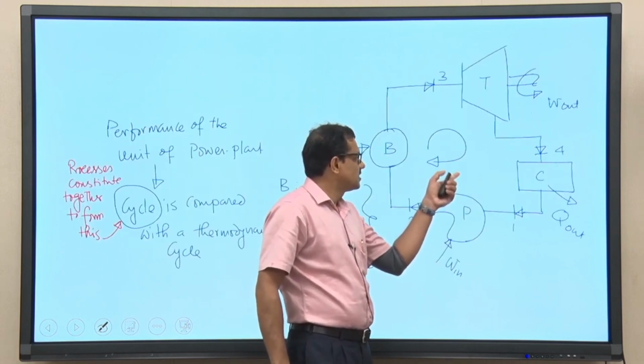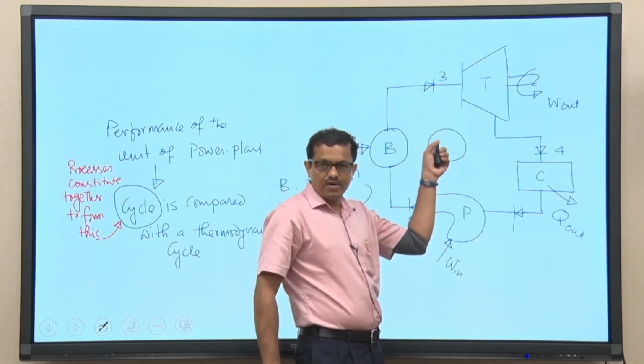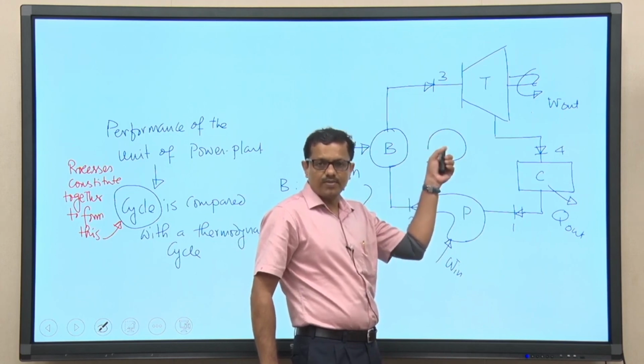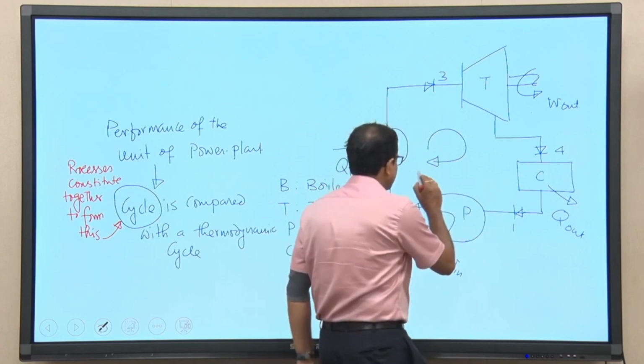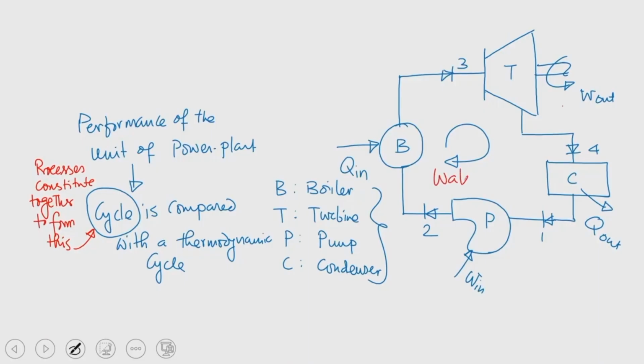This is also steam power cycle which operates on the vapor power cycle considering working substance is steam. So, here working substance is water or steam. You know that in one part of the cycle working substance is remaining as water, in the other part of the cycle the same working substance is getting converted into steam.